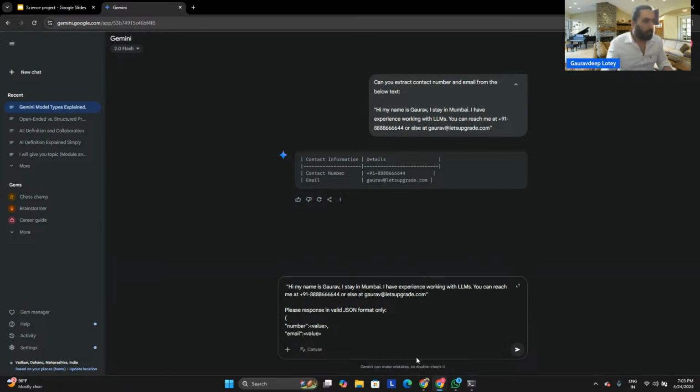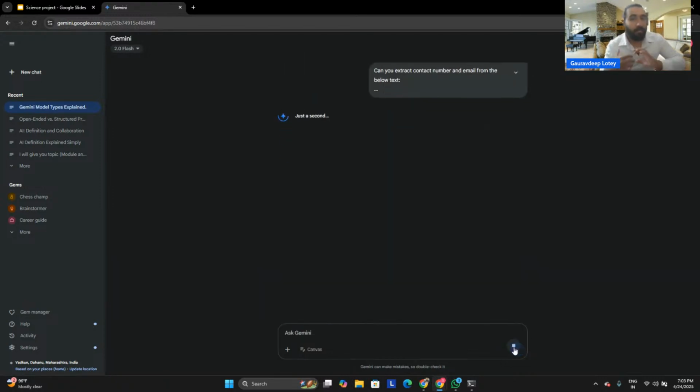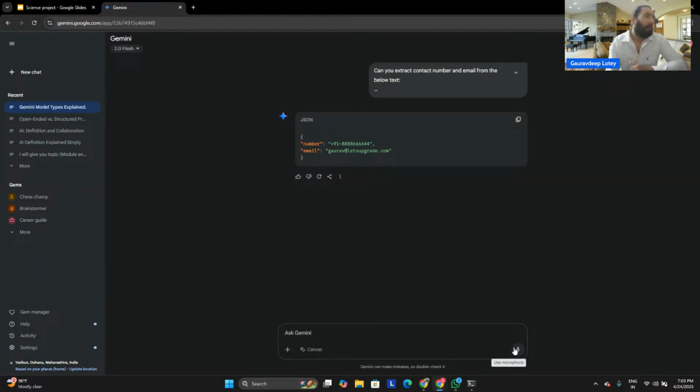So now I am driving the prompt to give me exactly what I want. And if you see, the output is valid JSON. I can simply copy it and I'm good to go wherever I want with this type of output. So this is a little bit of the difference between how open-ended prompts are and how closed-ended prompts are.